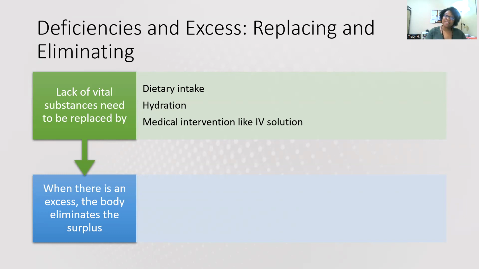So how do we replace it? We increase our dietary intake of vital nutrients and we hydrate ourselves. If this can't be done, then patients in the hospital will receive some kind of medical intervention like IV solutions.